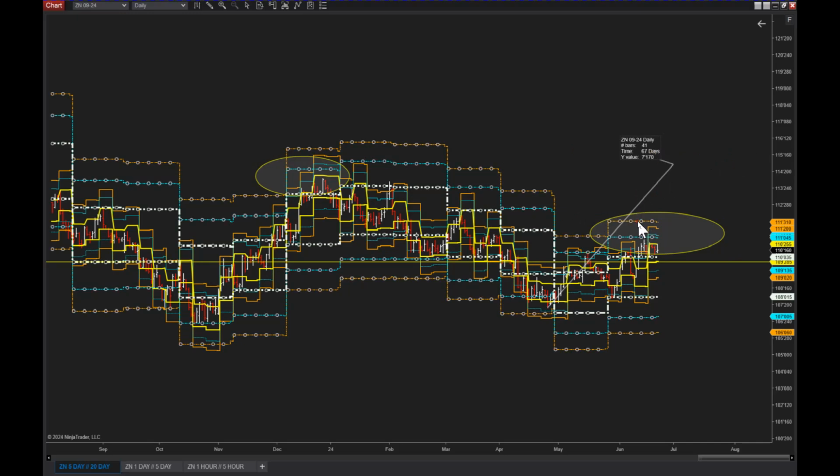And that would be favorable for rates coming down.